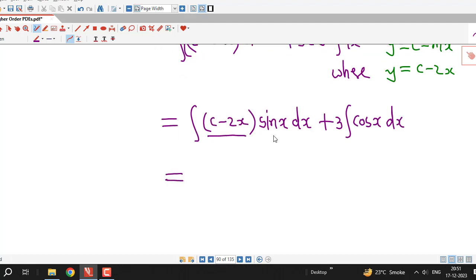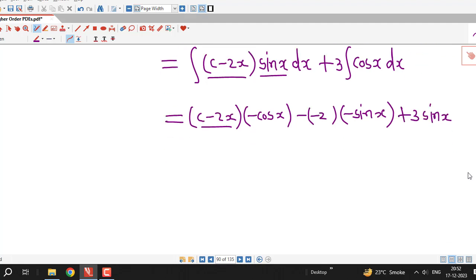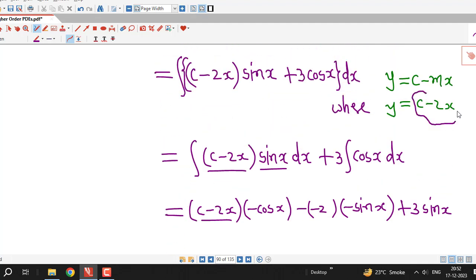Here we apply integration by parts. We consider c minus 2x as it is. The integral of sin x is minus cos x, minus the derivative of c minus 2x, which is minus 2, and the integral of minus cos x is minus sin x, plus 3 times the integral of cos x, which is sin x. And after integration I have to replace c minus 2x by y.